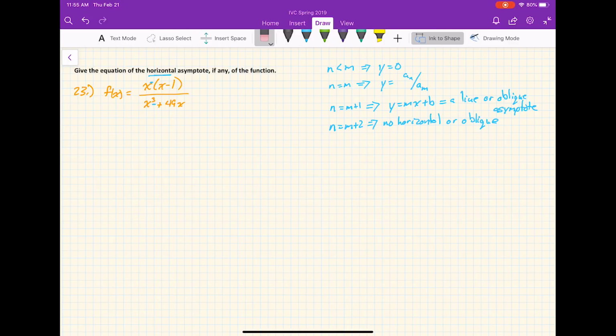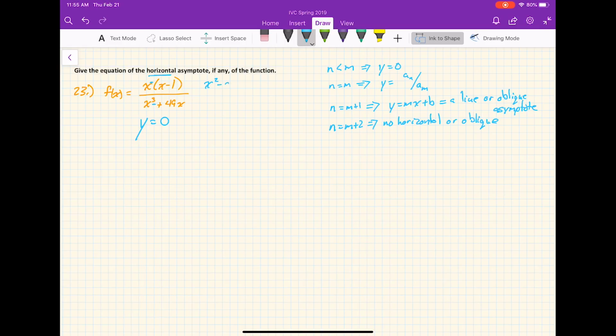I'm trying to figure out the best way to explain this so people can follow along, but ultimately y is going to be equal to 0 because 2 is less than 3.